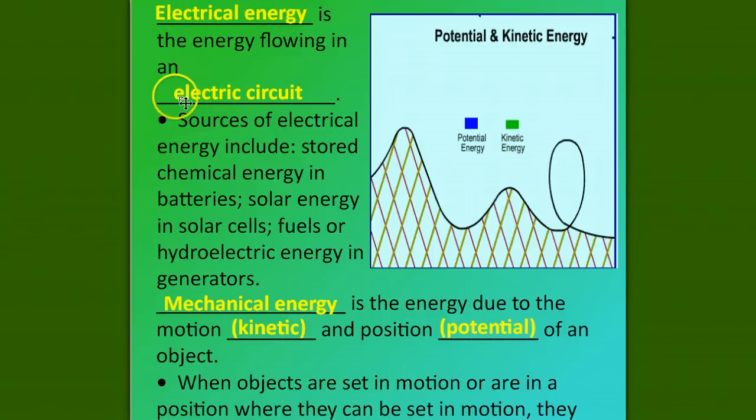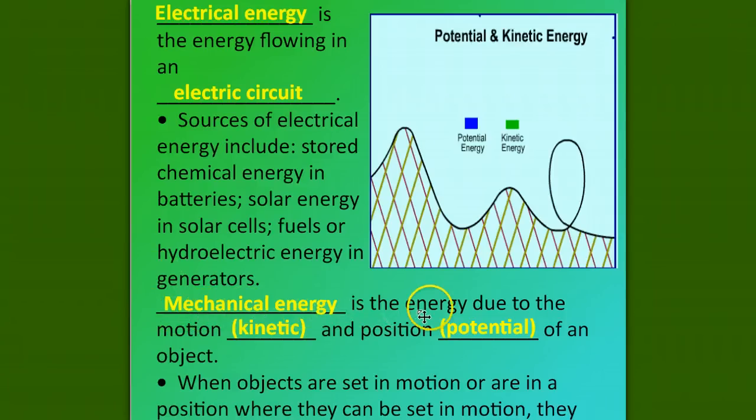Sources of electrical energy include stored chemical energy in batteries, solar energy in solar cells, fuels or hydroelectric energy in generators.